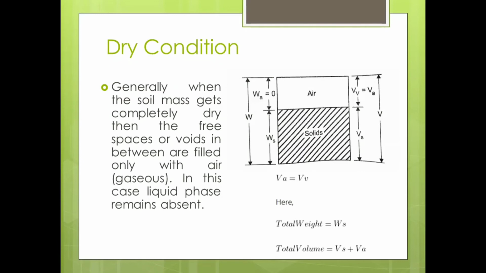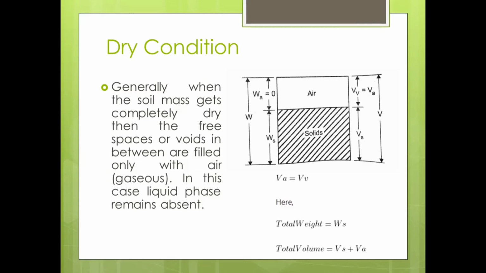This is the representation of that dry condition two-phase system. When the soil mass gets completely dry, the free spaces or voids in between the particles are filled with only air, the gaseous phase. Voids are occupied by air only.